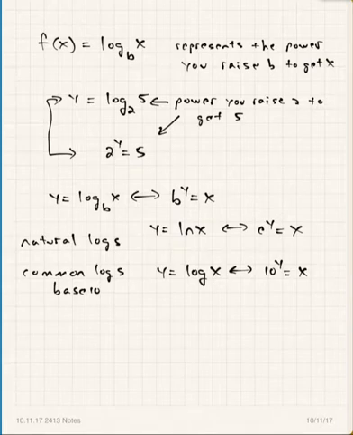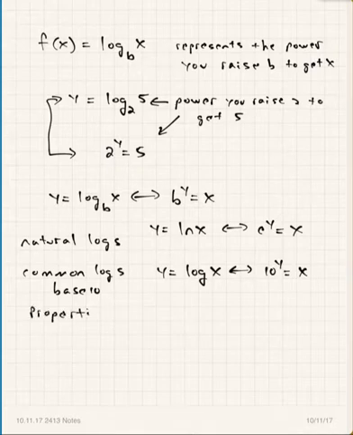You ought to definitely be able to go back and forth between those. All right, so I'm going through properties of exponential and logarithmic functions very fast here. This is stuff I'm assuming you've seen before in other classes, and I'm just refreshing your memory about some of this.